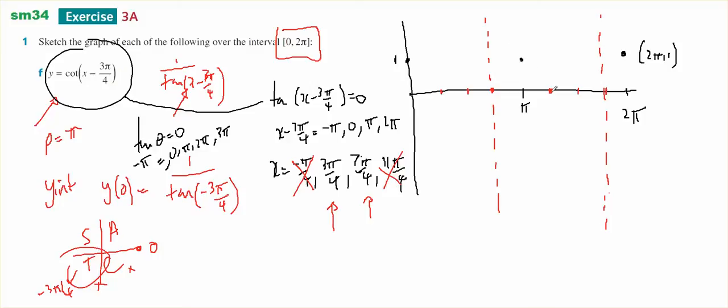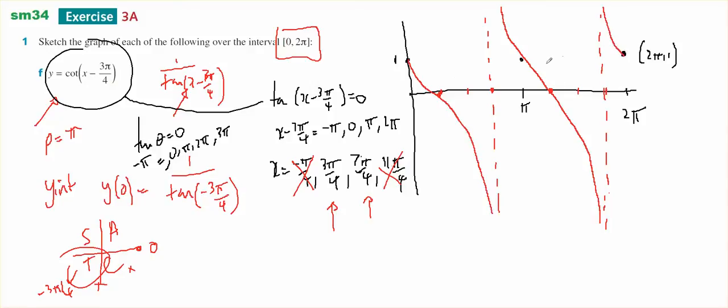So it's going to go through there, dead middle, and the curve will look like this, and it's going to go through there, so the curve is going to look like this, and it will continue and finish there.